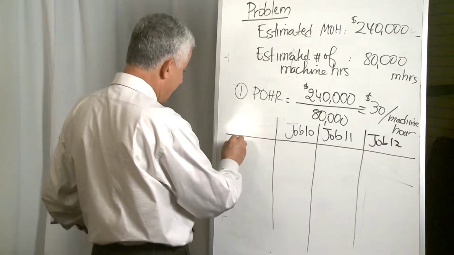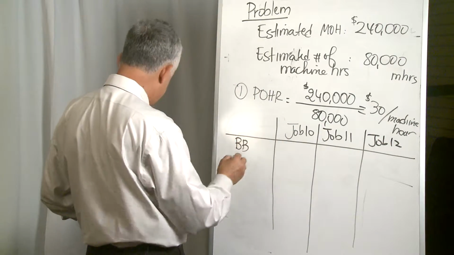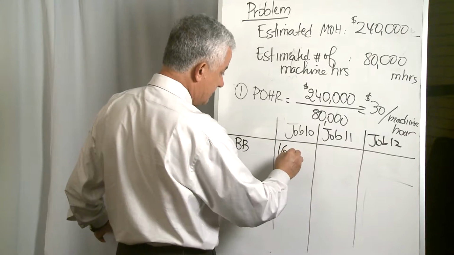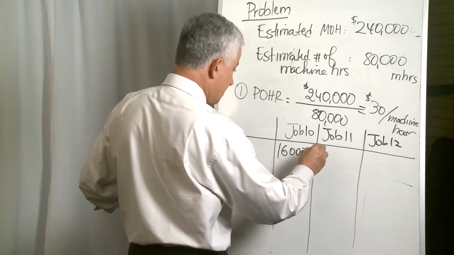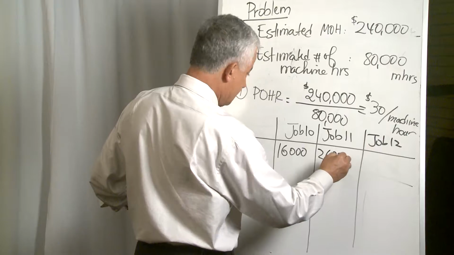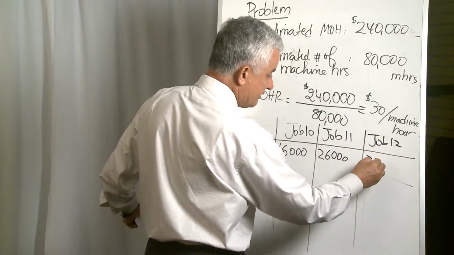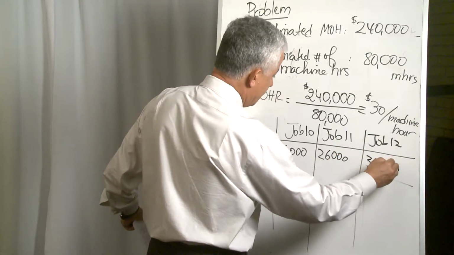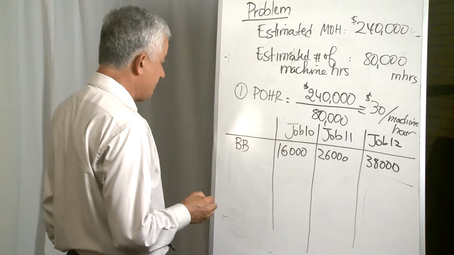Okay, so we have a beginning balance for each of these jobs. We have 16,000, 26,000, 38,000 for job 10, 11, and 12 respectively.